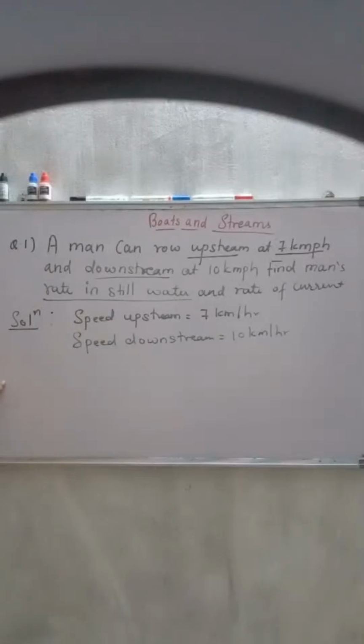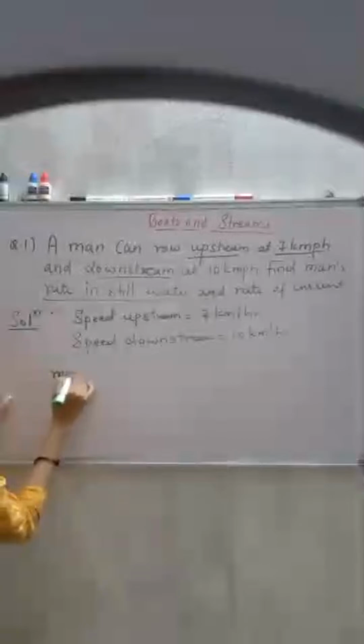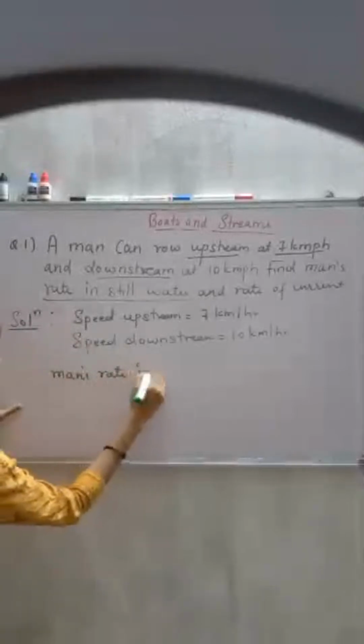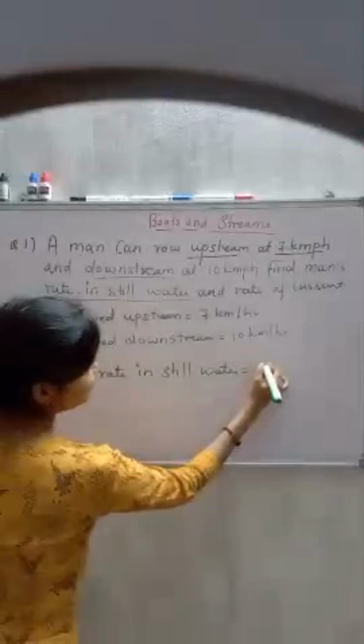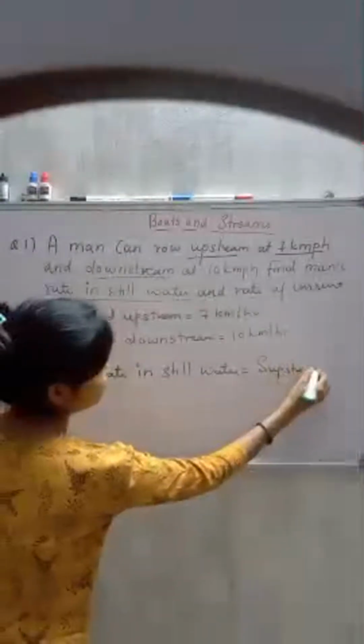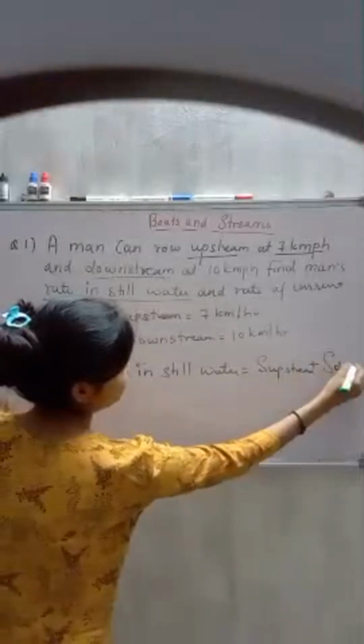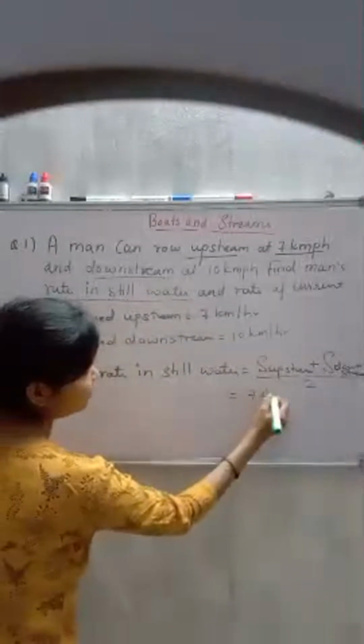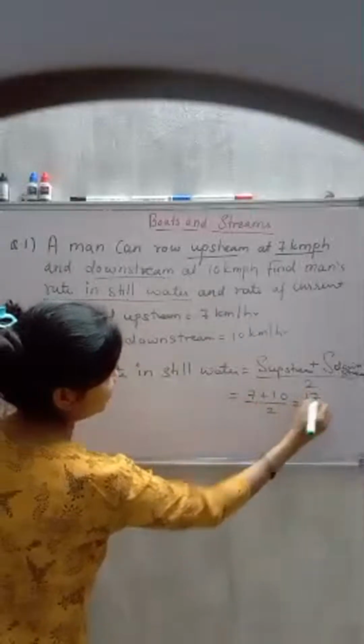Okay, these are nothing but like, the man is standing in river water, what will be his speed, and what will be the speed of that water. So we know man's rate in still water will be speed upstream plus speed downstream divided by 2. Upstream 7 plus downstream 10 divided by 2. 17 by 2.